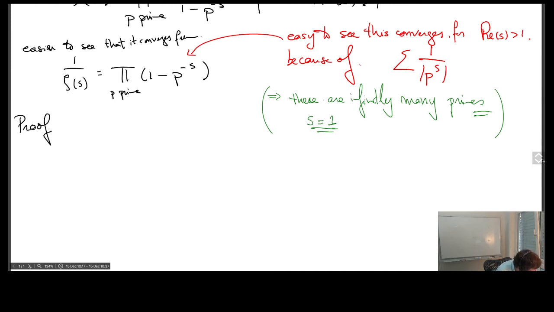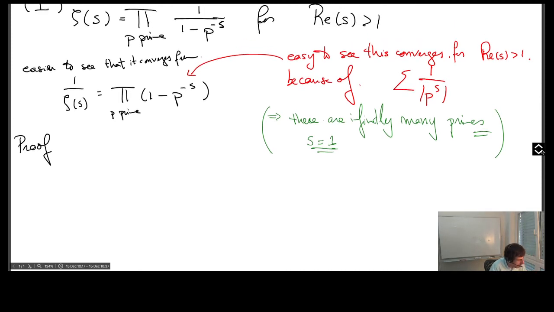We're going to prove directly the formula above. Zeta of s is equal to the sum for n from 1 to infinity of 1 over n to the s, and we're always thinking of the real part of s as being bigger than 1.